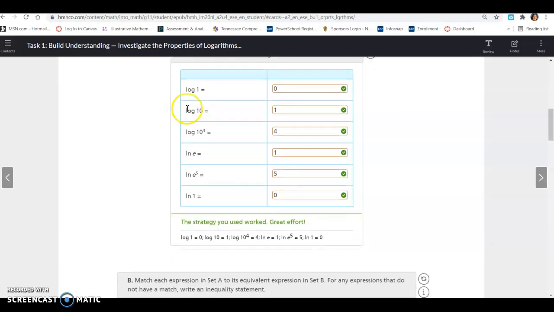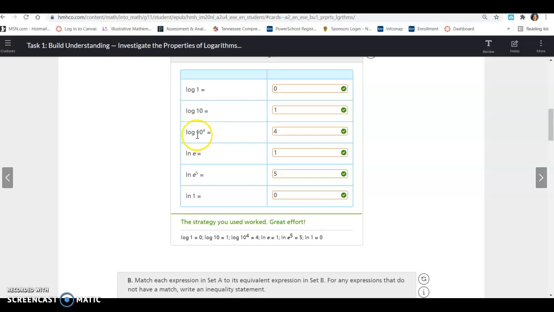All right, so you can see anything to the 0 power is 1. And remember, logarithms are inverses of exponential. So hopefully we'll look at that a little bit more, and you'll see that hopefully that makes sense. And then, of course, the base 10 and the 10, anything to itself is going to cancel, and that's going to leave just 1.